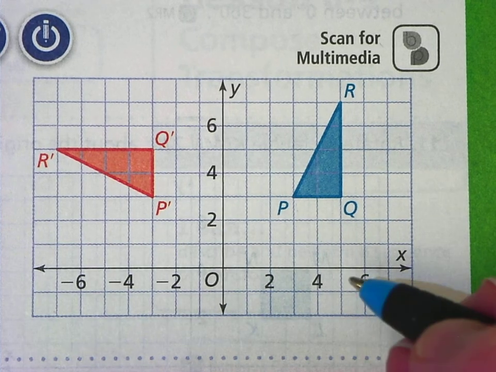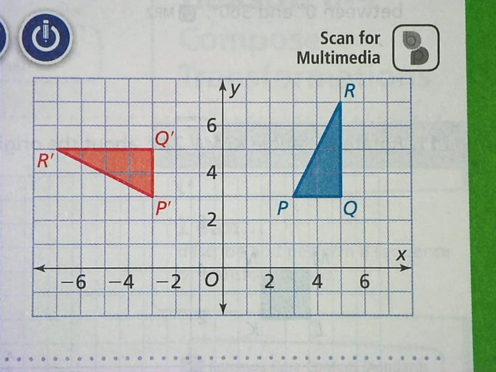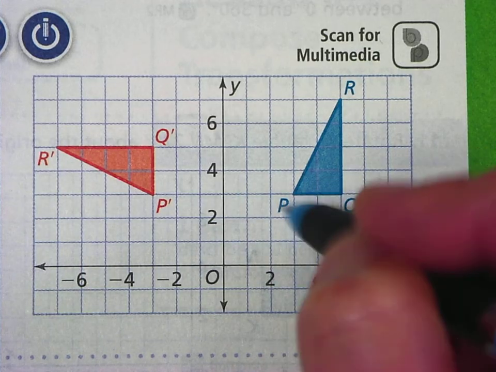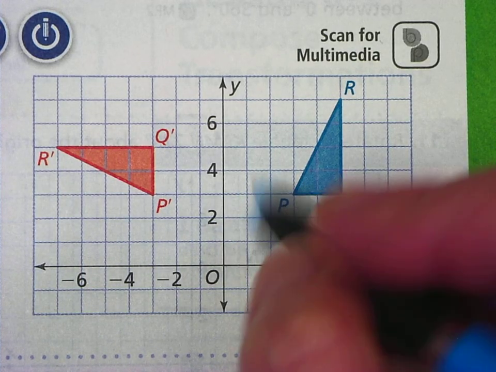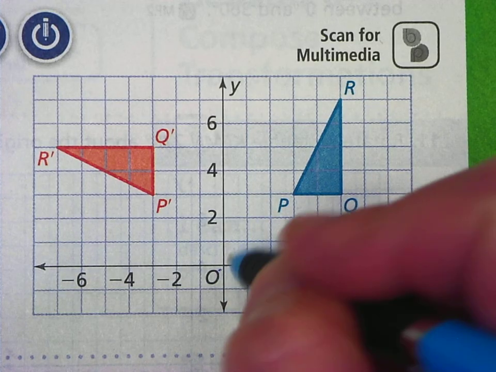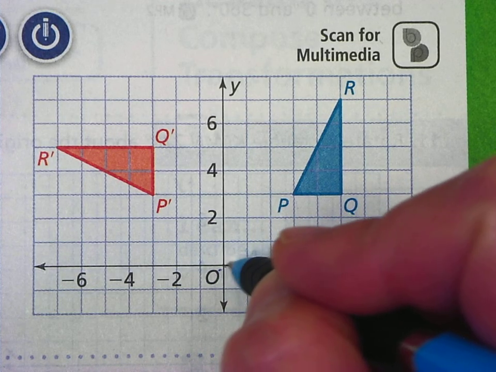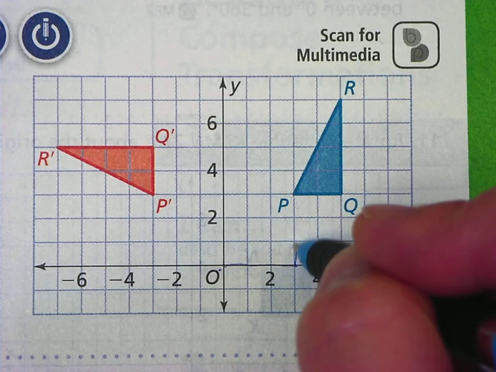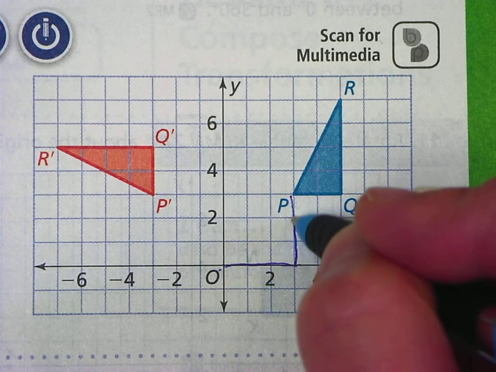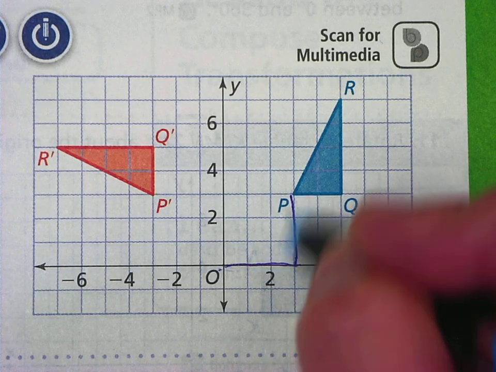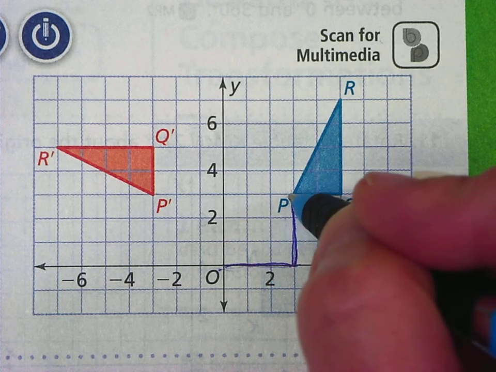One way that you can figure that out is by doing an L-shaped pattern between the points. If we start with your center of rotation and go over 3 units and out 3 units, see that L-shaped pattern we're creating? Over 3 units, out 3 units.